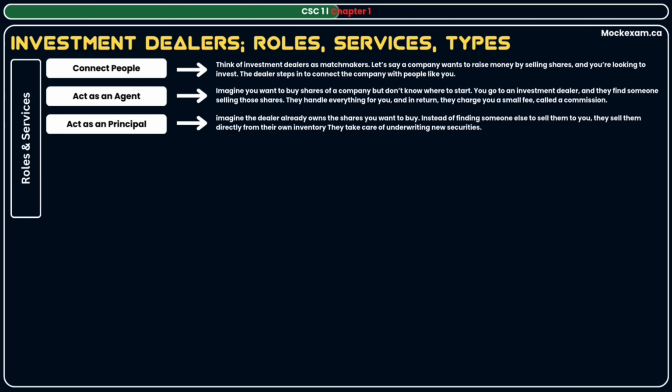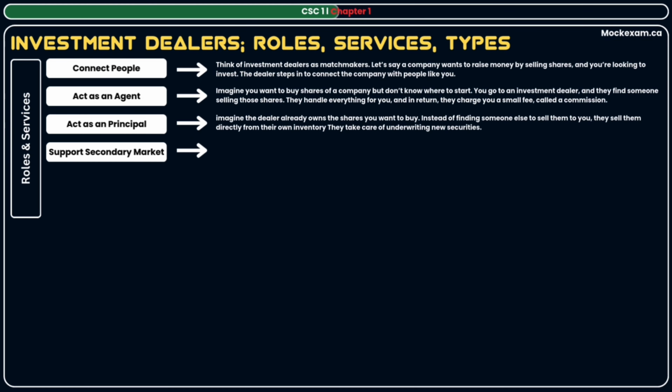For example, let's say a company is selling new bonds. The dealer might buy all the bonds up front, taking a risk, and then sell them to individual investors like you. This process is called underwriting, and it's how dealers help companies raise money in the primary market. What's the primary market? A place where new securities are sold for the first time.